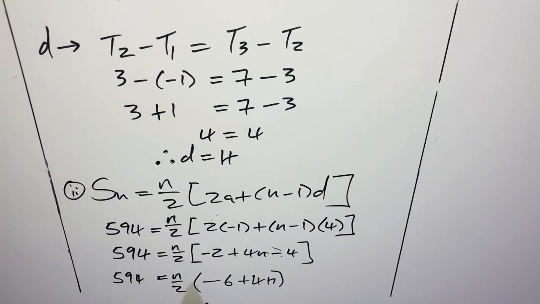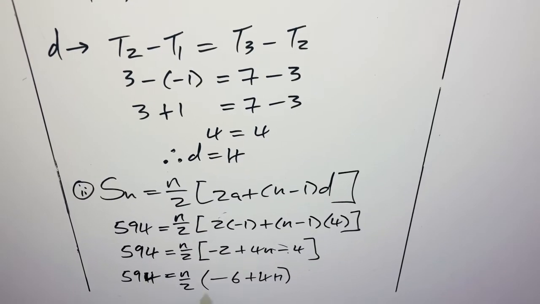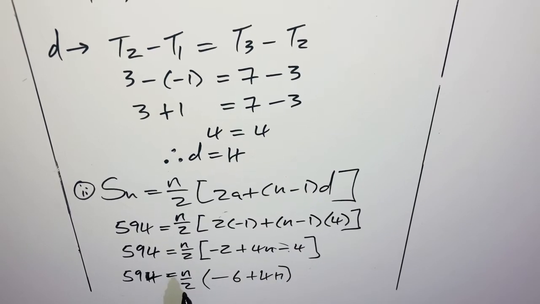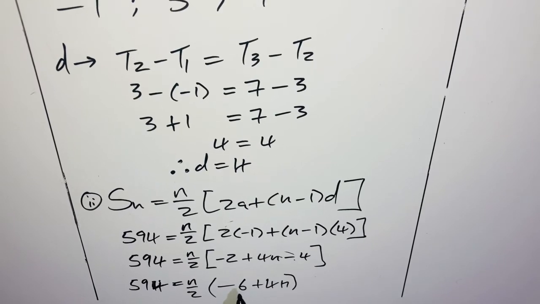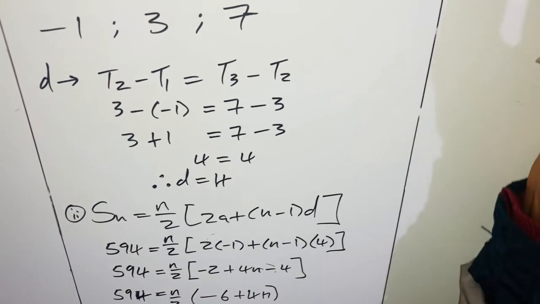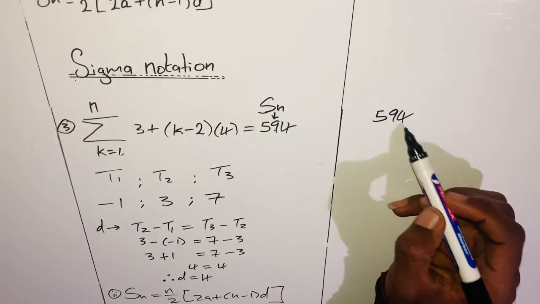Let's write this clearly. From here, we'll have to multiply out, so n over 2 times 4n minus 6. Let's do that on the side, just so we have enough space.